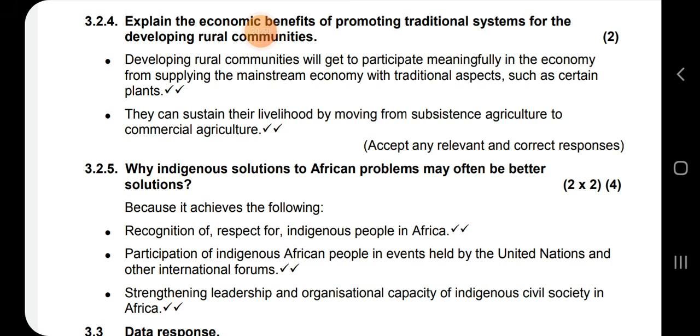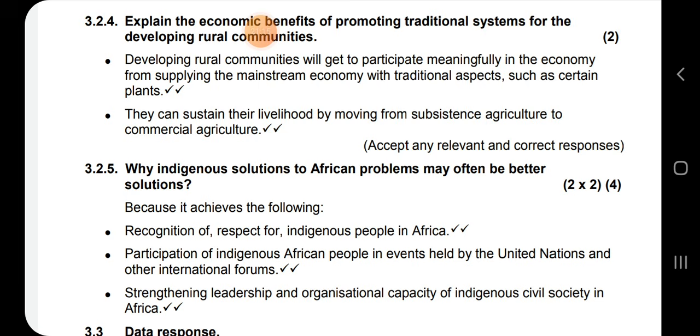Why indigenous solutions to South African problems may often be better solutions? They have been tested over time and they are trusted. So people are not using propaganda or trying to score points by trying to appear educated. Everybody does that thing to benefit people.